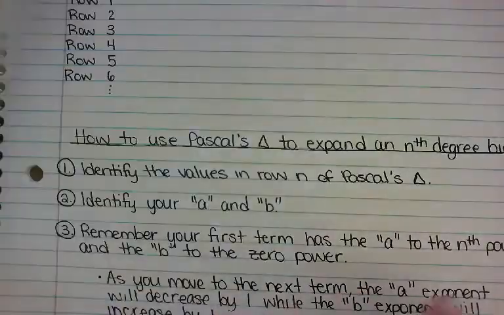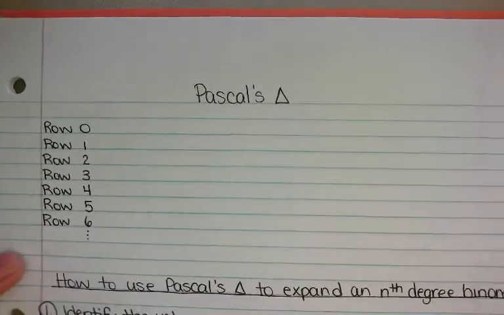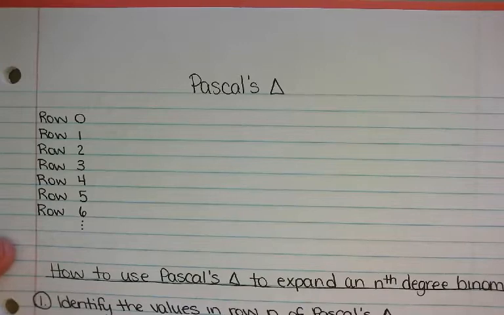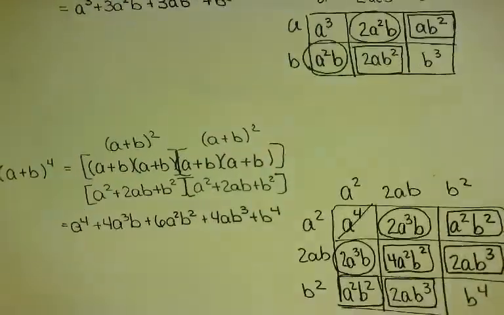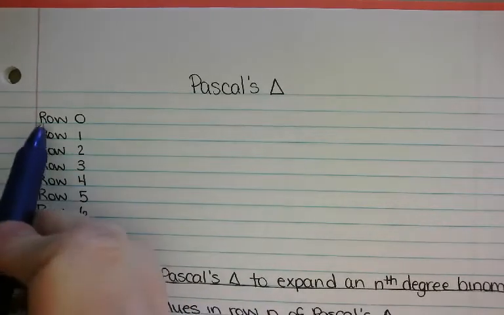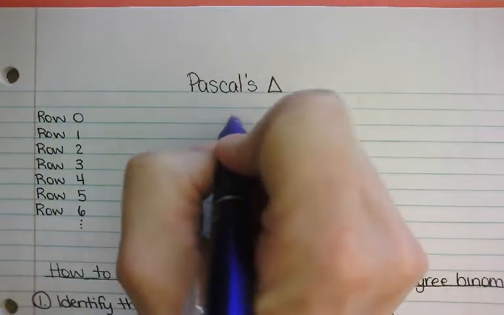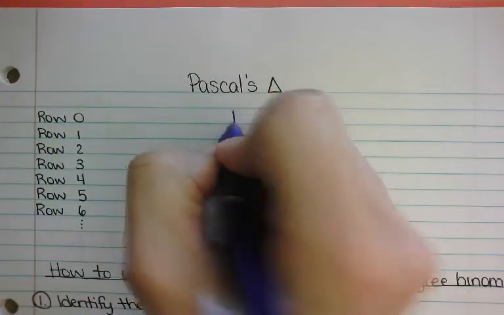So Pascal's triangle is a really famous triangle that has a pattern to it, and the numbers are going to help us out with our expansions so that we don't have to do all of this stuff. All right, so looking at Pascal's triangle, they start off counting row 0. Row 0 is going to have a 1.